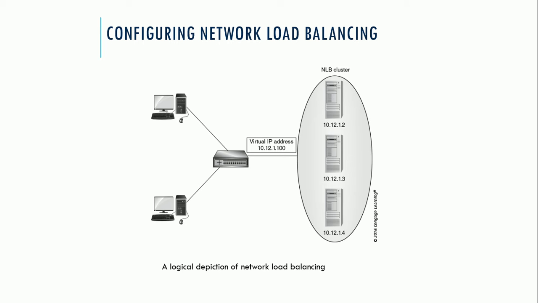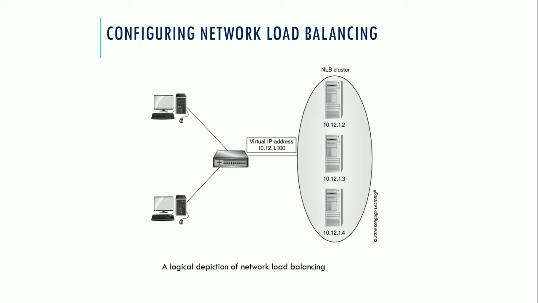The other way you could do this is, instead of having Windows listen on the virtual IP, you give an appliance a virtual IP and it handles routing the traffic to the correct servers. I will tell you that in the industry, in the field, the much more common way to do this is using a network load balancing appliance, and not doing it natively in Windows.